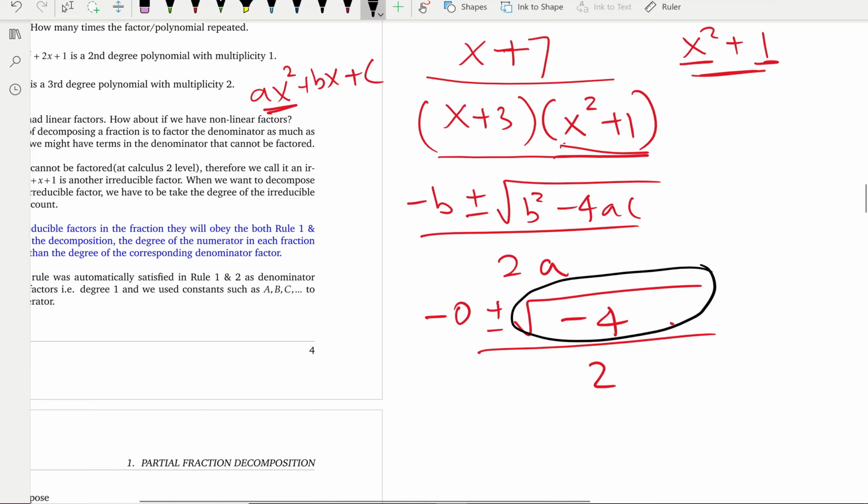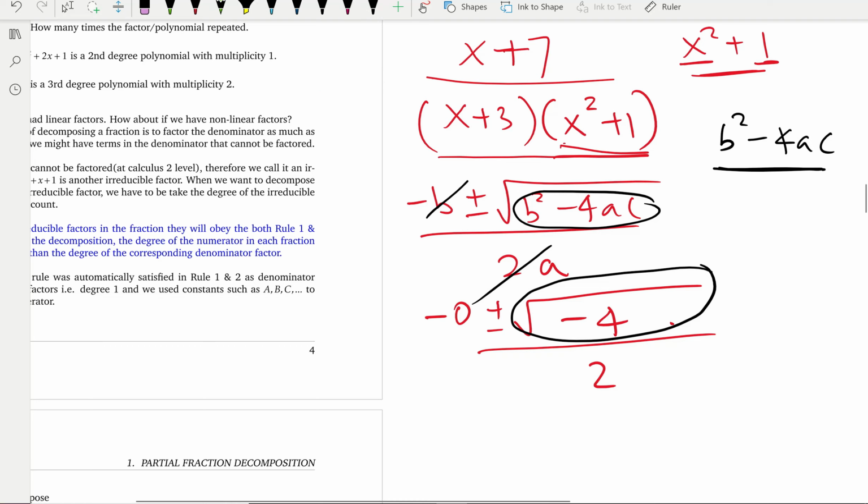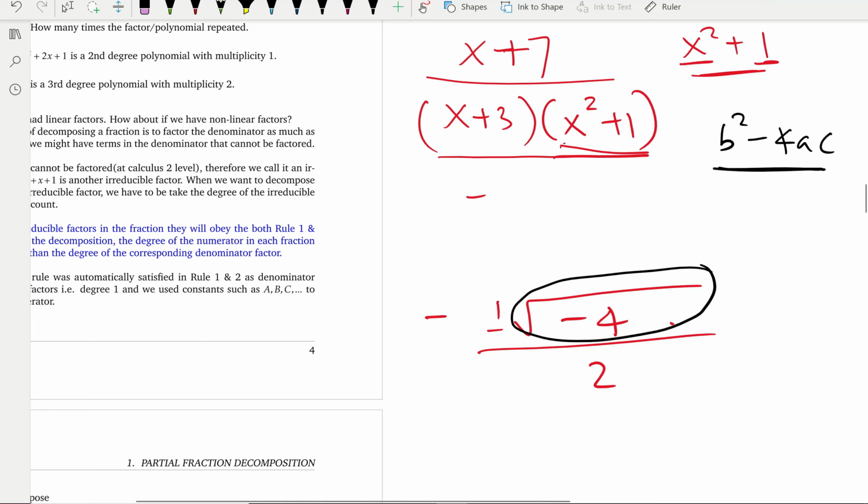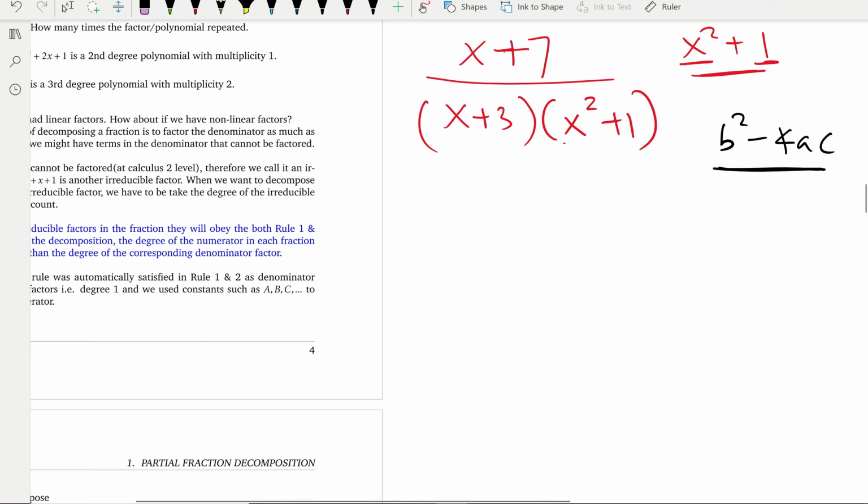So how do you make sure whether you can factor a quadratic function further or not? Just use the quadratic formula. You don't even need certain parts of it. You just need b squared minus 4ac, the part that's inside the square root. If this number gives you a negative number, that means you have to take the square root of a negative number, so you cannot factor it further.